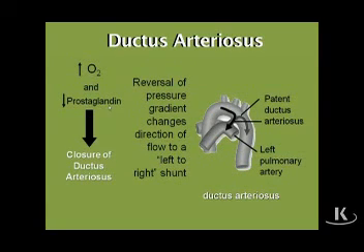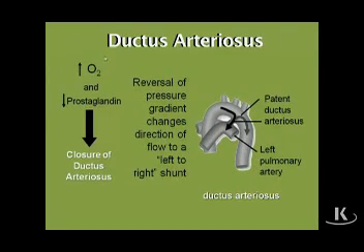Understanding that mechanism allows us to clearly understand why the incidence of patent ductus arteriosus is substantially higher in preterm infants than it is in full-term infants. Because in preterm infants, oftentimes the lungs are not fully developed, and so the transport of oxygen across the alveolar membrane is reduced, so the circulating blood is less oxygenated, and the child is hypoxic.